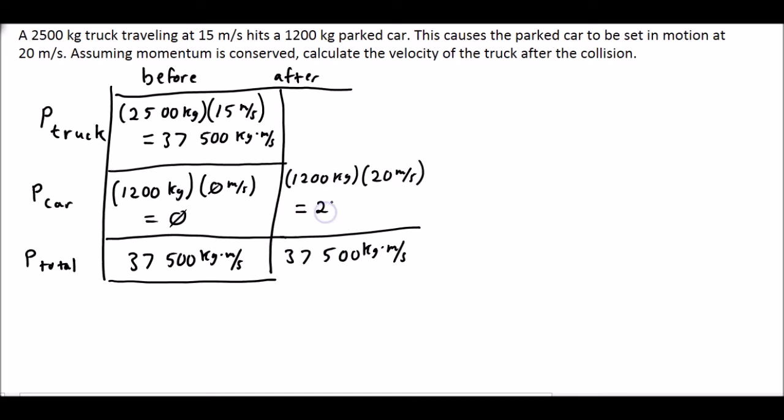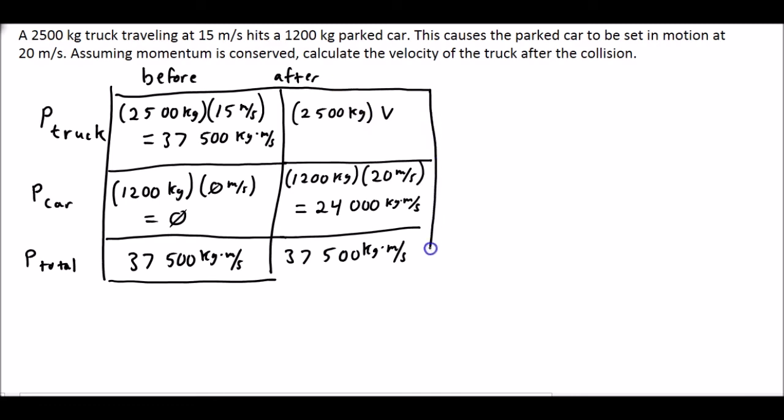And so the car now has a momentum of 24,000 kilogram meters per second. The truck momentum will be its 2,500 kilograms times whatever velocity it is going.